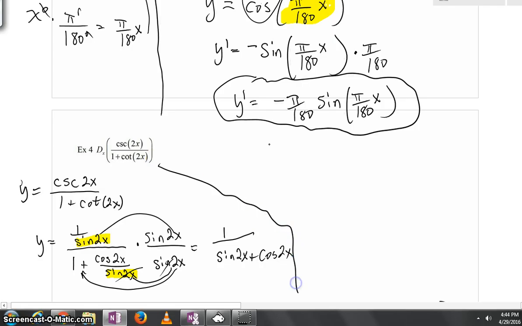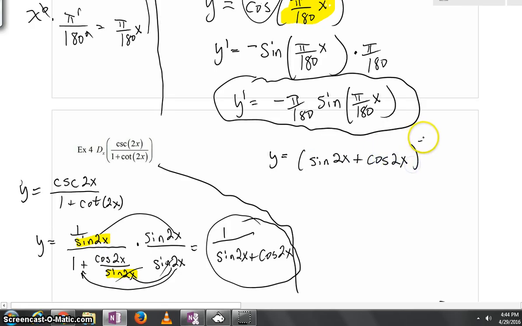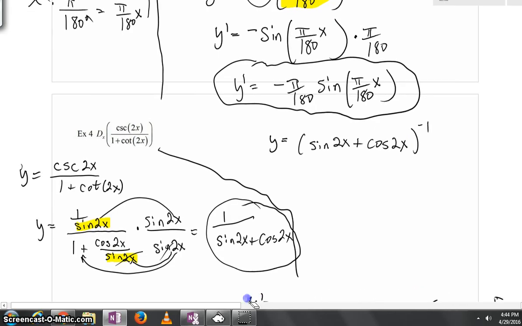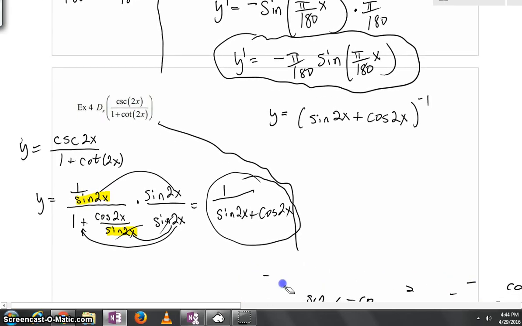So I guess what I'd really like to point out to you is that we're supposed to take the derivative of this function here, but much like we did for the very first problem that we looked at, if you have the option of rewriting a fraction as a power, please do so. You'll avoid the quotient rule, and you're going to have a much simpler type of problem.